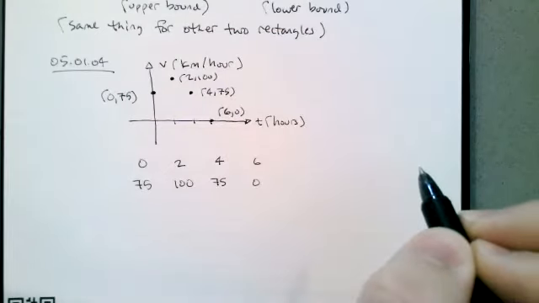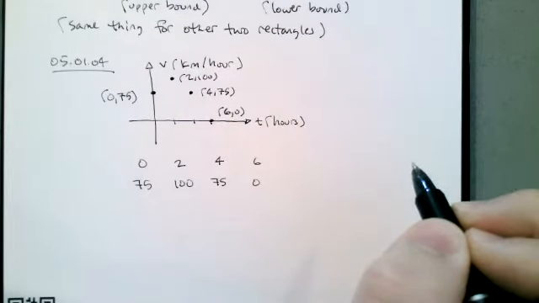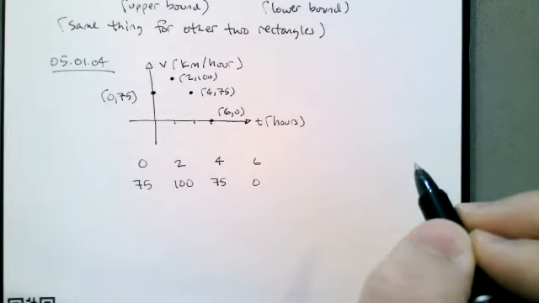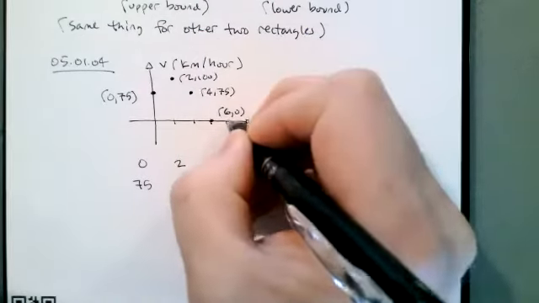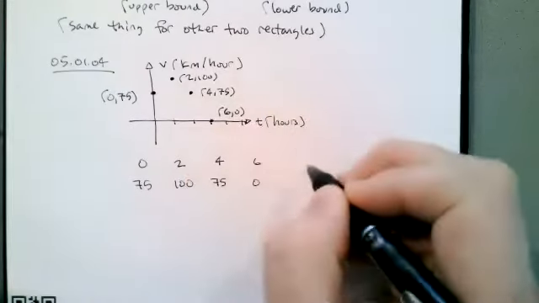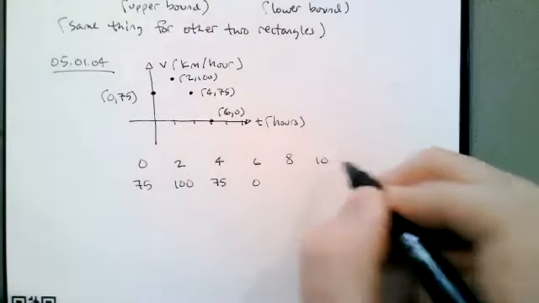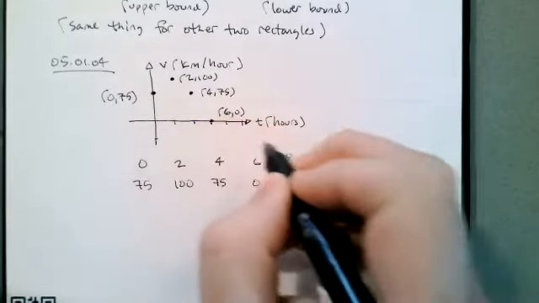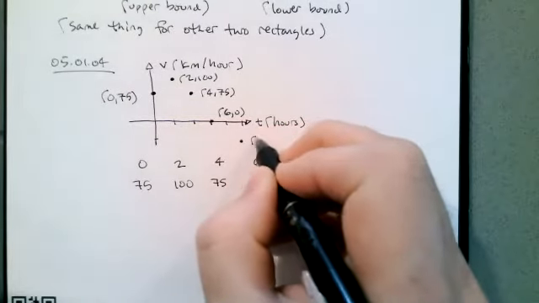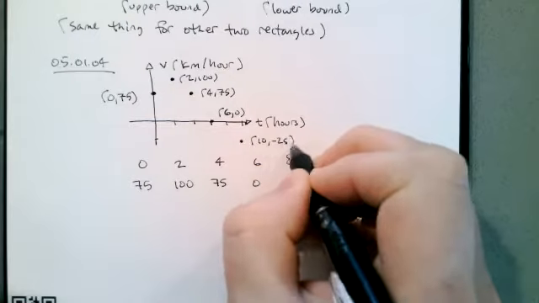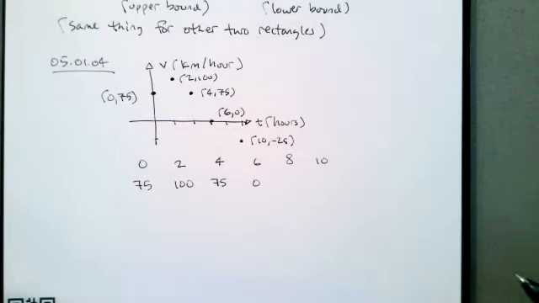And then at 8 hours, it looks like about halfway, but at 10 hours, we're down to -25. So 8 hours, hard to say. And then at 10 hours, we're at -25.